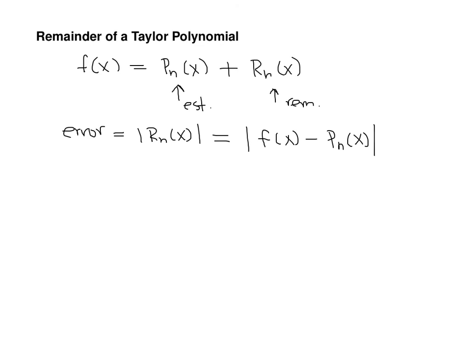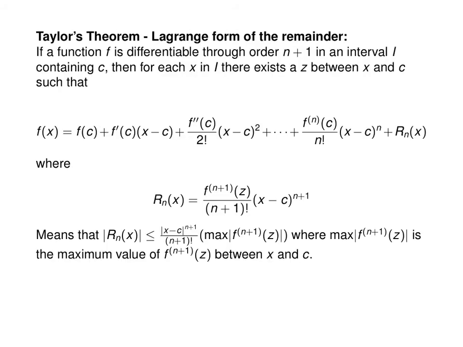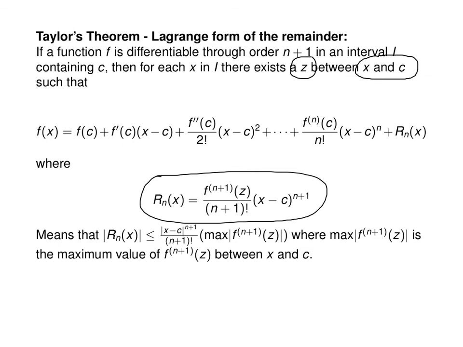Now the next theorem we're going to discuss gives us a bound on this error. So Taylor's theorem, or the Lagrange form of the remainder, says that your remainder is equal to the n plus first derivative at some z, and that z is between x and c, where x is the value you're estimating and c is where you're centered at.